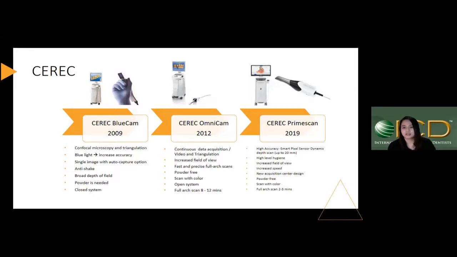They also made a new design of the scanner and the acquisition unit, and paid attention to a high level of hygiene because of the COVID pandemic situation. So it's easier to clean, disinfect, and sterilize. It also has increased speed, is powder free, and a full arch scan only needs about 2 to 3 minutes.